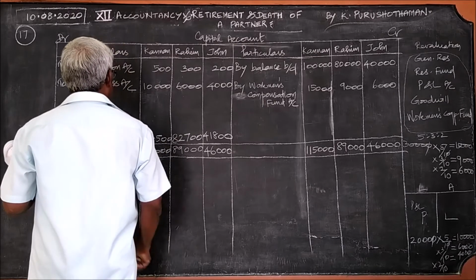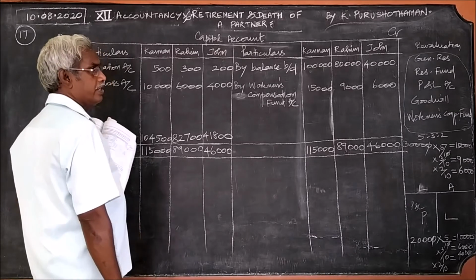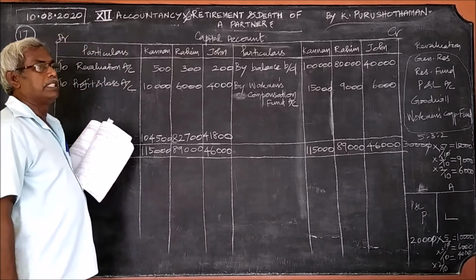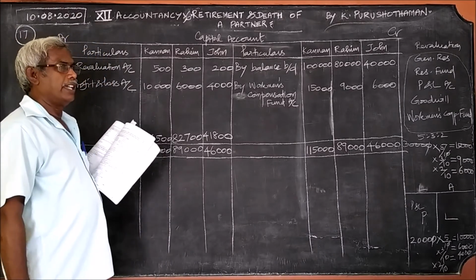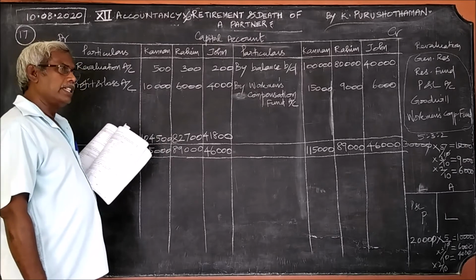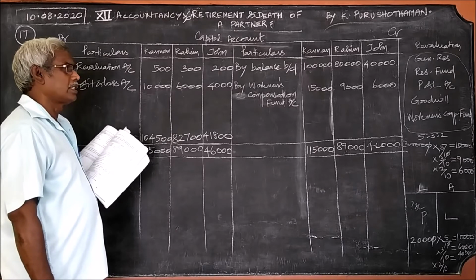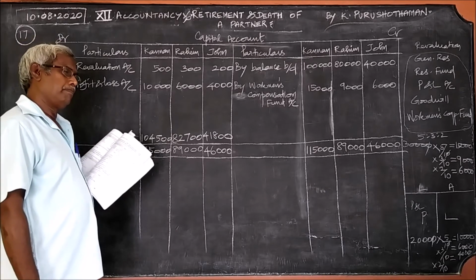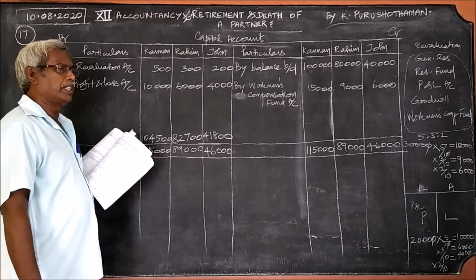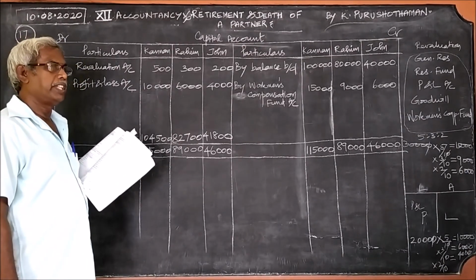But is it okay? Can we write it like this? This method we can follow under admission of a partner. But here the existing partners' names will not continue, because some of the partners may quit the partnership.